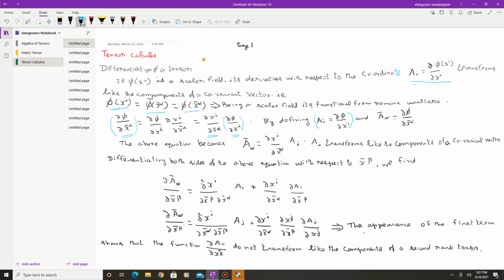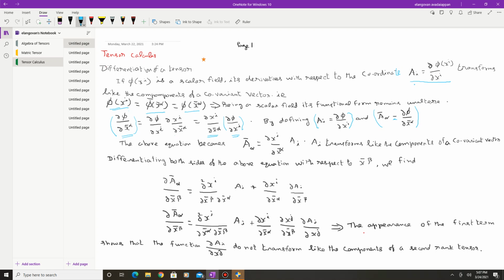Then the above equation becomes a alpha bar equals dxi by dx alpha bar into ai. So this is the barred coordinate system, and a is in the unbarred coordinate system. These two are related by this transformation, partial dxi by dx alpha bar.